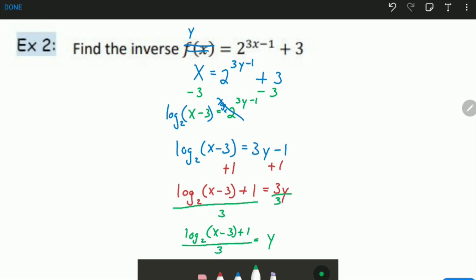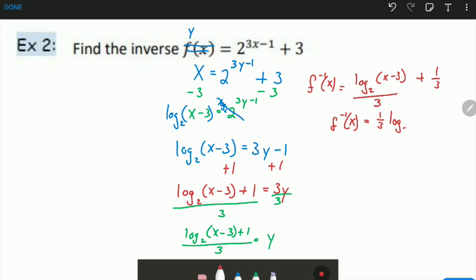We really can't simplify anything with this. However, there are a few different ways we could rewrite it. So some common ways that you might see would be putting log base 2 of x minus 3 over 3, and then plus 1 over 3, so that might be one of them. They might also use f negative 1, which means the inverse of f. You may also see f negative 1 of x, or y equals, 1/3 log base 2 of the difference of x and 3, plus 1/3.